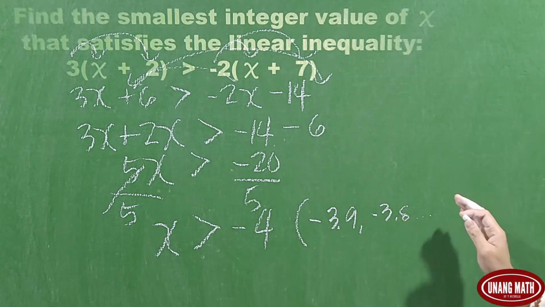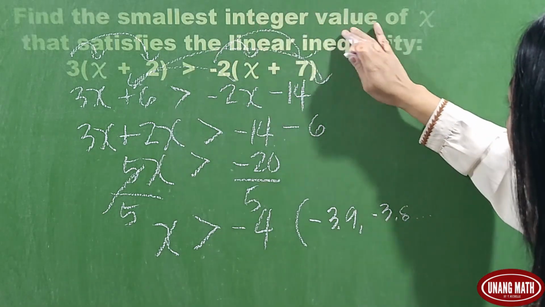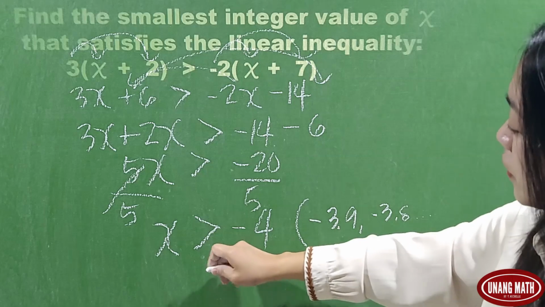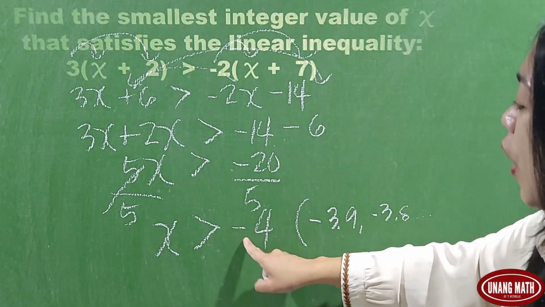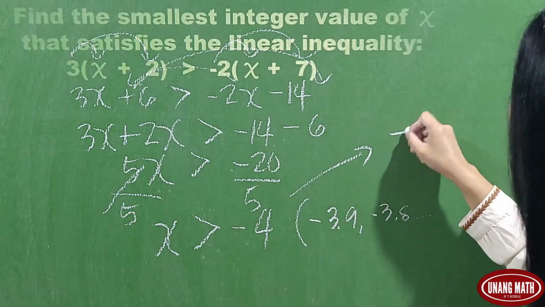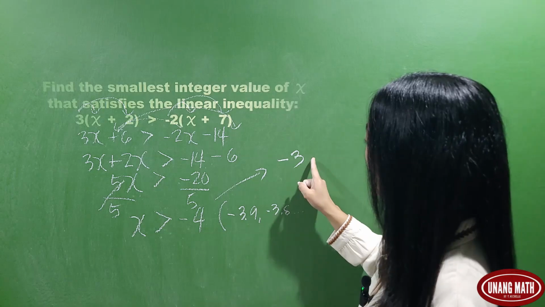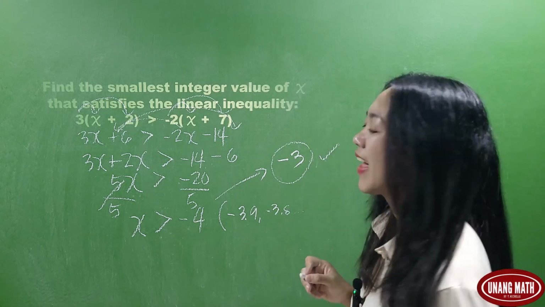Actually, a lot. But the question is the smallest integer value of x. So the smallest integer value of x, which is greater than negative 4, is negative 3. So the answer to this problem is negative 3.